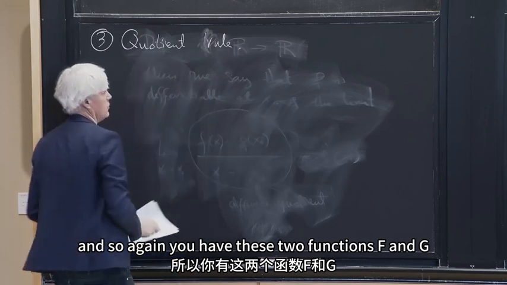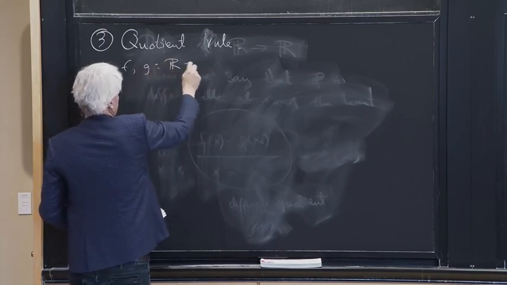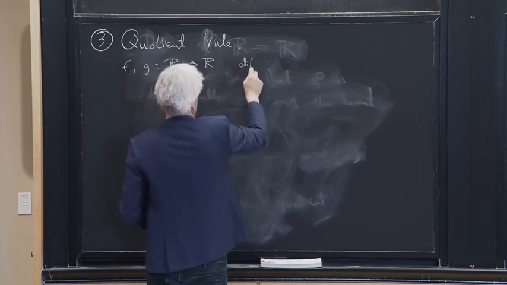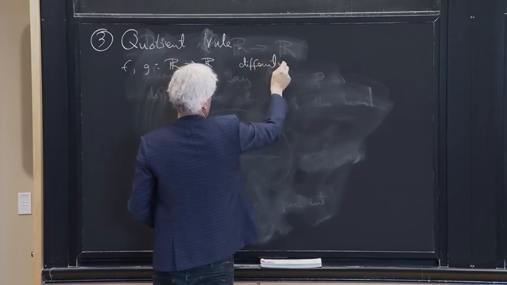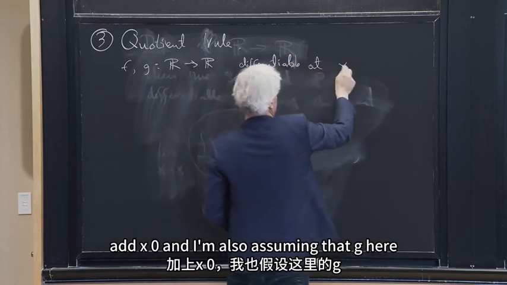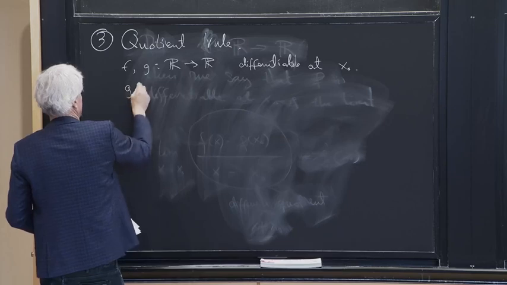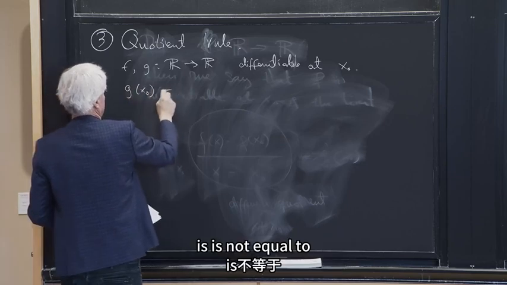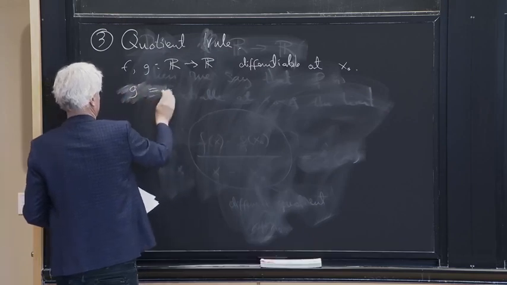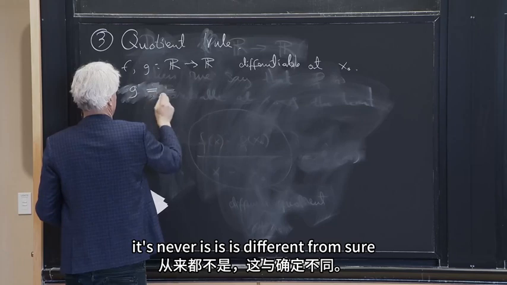And so again, you have these two functions, f and g, and they are differentiable at x0. And I'm also assuming that g is different from 0 everywhere.